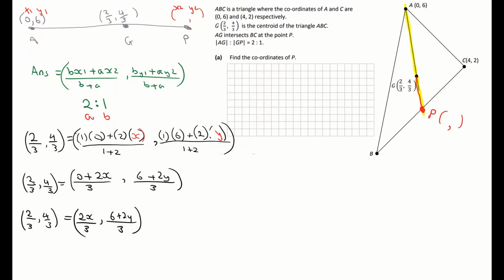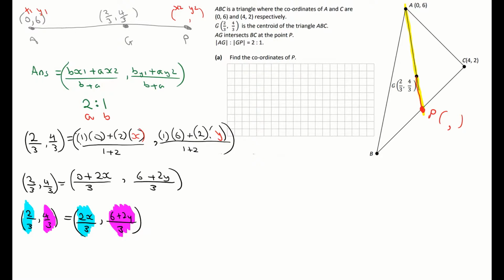Since these two coordinates are equal to each other, we know that the x part of my coordinate, 2 over 3, must equal 2x over 3. They both represent the x. I also know that 4 over 3 must correspond to my y, which is 6 plus 2y over 3.